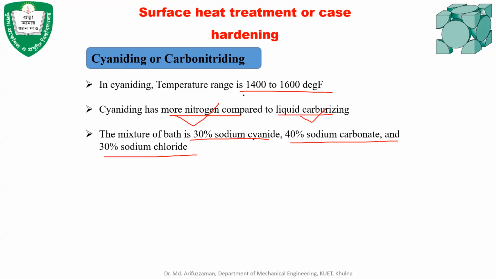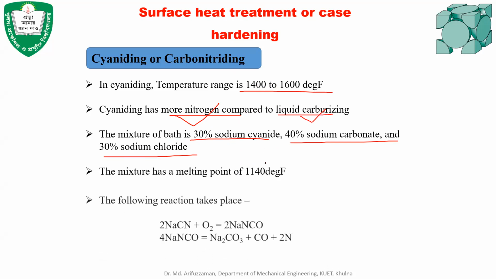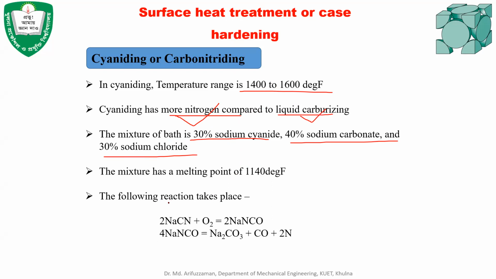So this mixture has to be raised to a temperature of 1400 to 1600 degrees Fahrenheit, and then the metal has to be exposed in that bath. And when the metal is exposed in that bath, the cyaniding occurs. That means sodium cyanide reacts with oxygen to form sodium cyanate, and then that forms sodium carbonate, carbon monoxide, and nitrogen. And this nitrogen penetrates into the surface and reacts the same way as in nitriding.